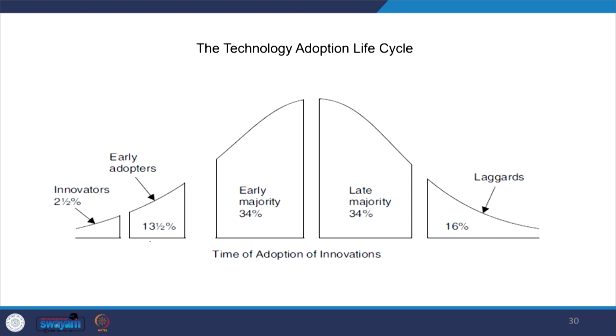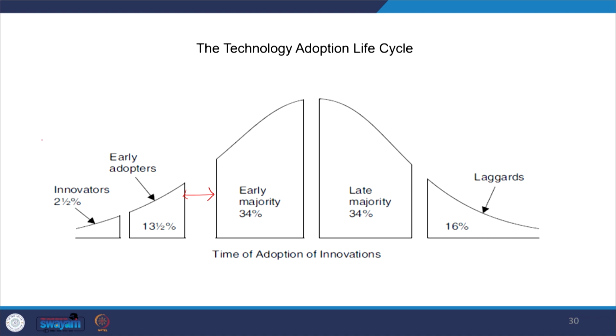Early adopters are 13.5%, and then there is some gap that comes here. If you can see, this is a gap, right, which is called a chasm. Now, I will explain these things. So, then you have early majority 34%, 34% late majority and 16% is laggards. Now, if you add up 68, 74, 84, 90, 100. Okay. So, this 100% is divided in this way and each player has its role.